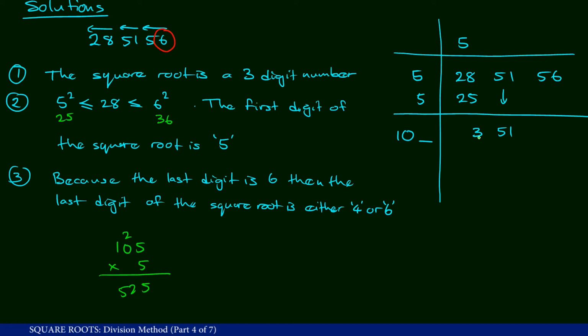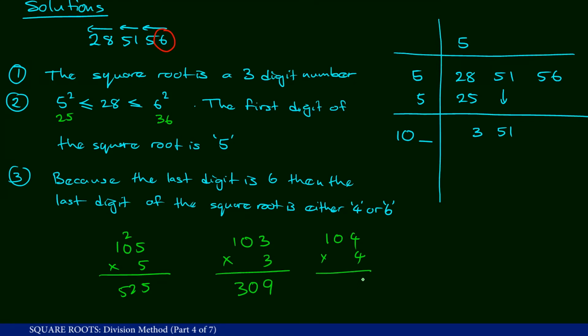Remember, the result of the multiplication must be less than or equal to the remainder, 351. So we pick something smaller. Let's choose the digit 3. 103 times 3 becomes 309, that's good. Let's try 104.